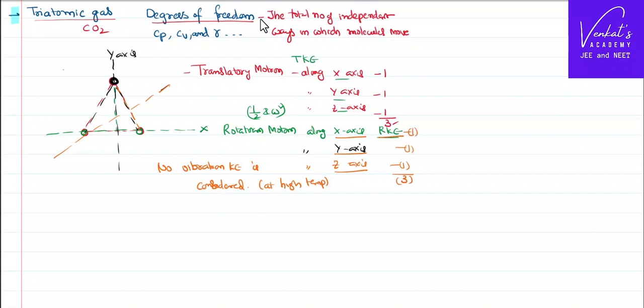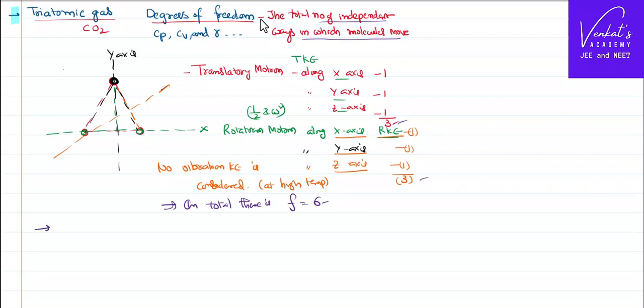So in total, the number of ways in which this molecule can move freely and independently is 3 and 3. There are 6 degrees of freedom for a triatomic gas molecule.